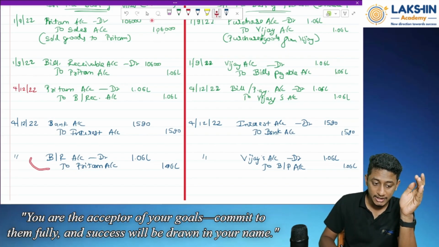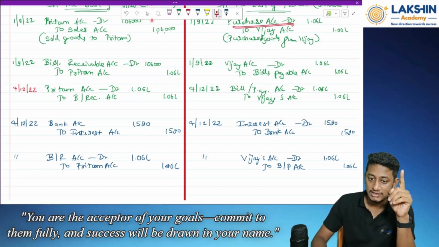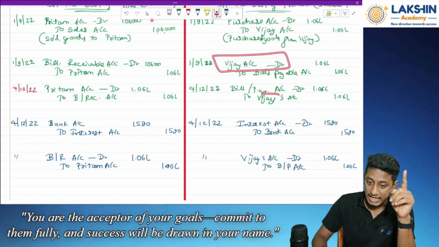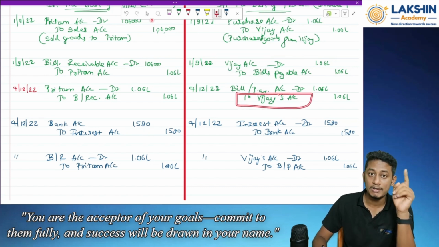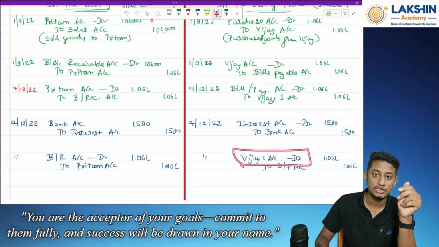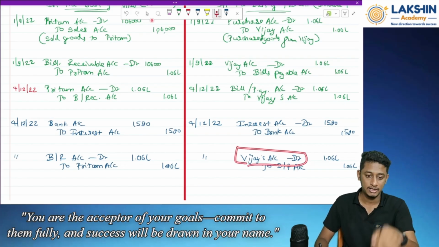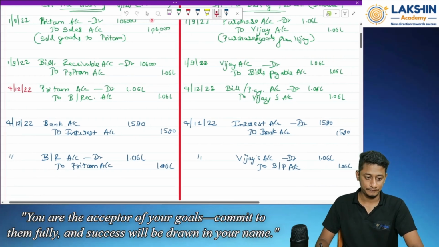All the balance has been transferred to bills receivable account. Same goes here. Vijay's account was created as a creditor, then it was closed by debiting it. Then again it was created over here because the old bill was cancelled. And then again in this entry I have closed it by debiting it, because he was a creditor, it is a liability, and by debiting it, I can close my liabilities. Clear? Okay. Now, next. Next, what has happened?